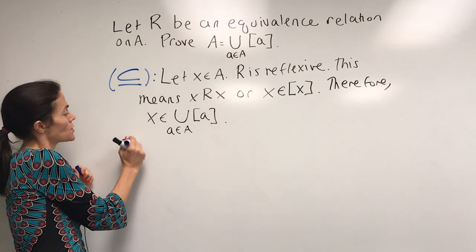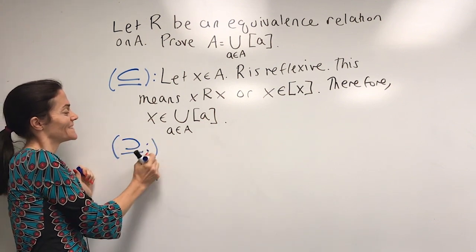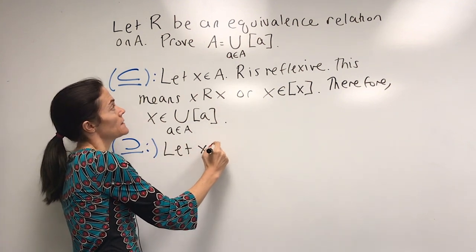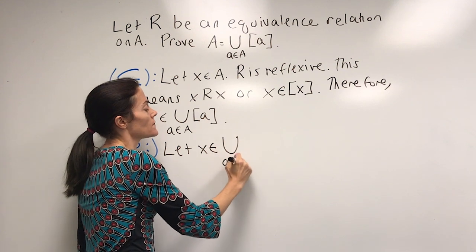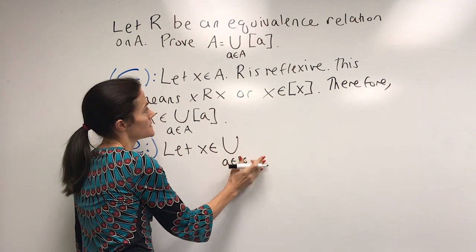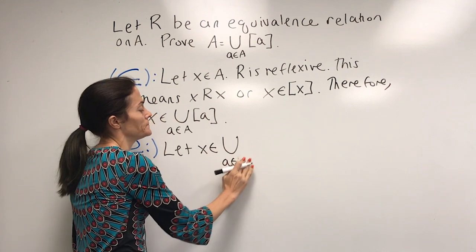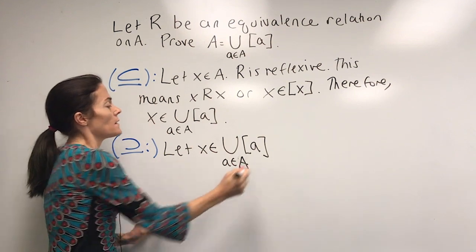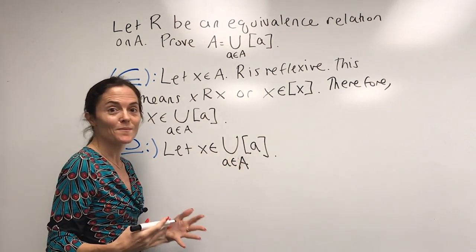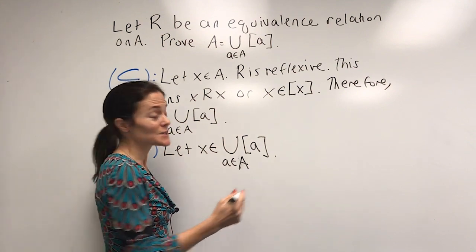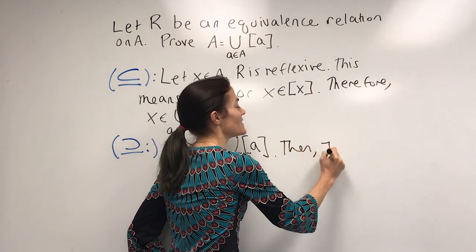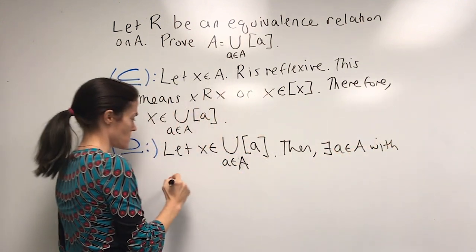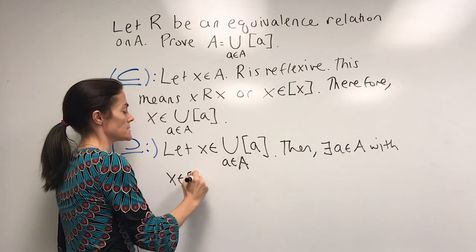So now we need to argue in this direction. Okay, so now we take an element x in the union of all the equivalence classes of capital A, excuse me, the class of a. Well, if x is in the union of a bunch of sets, it means it's in at least one. So then there exists a in A with x in this class.